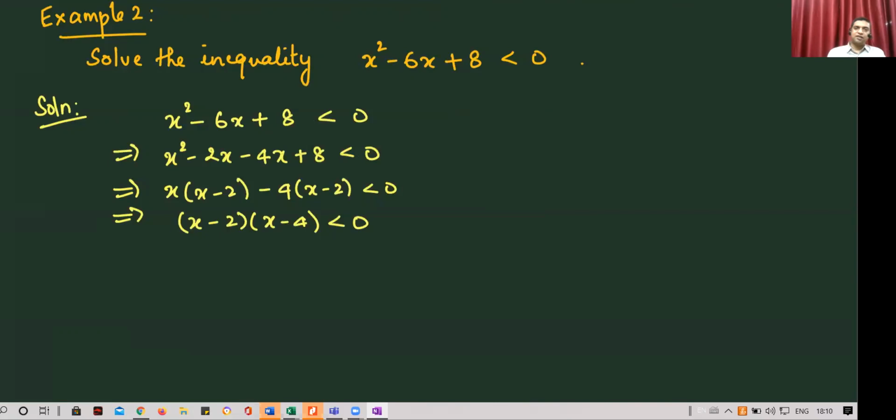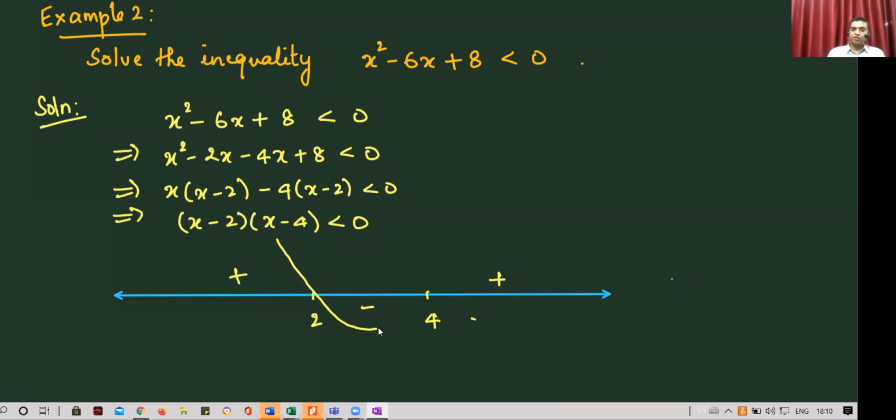Okay, now the same thing by this wavy curve expression. What are the roots? x equal to 2 and x equal to 4. Now coefficients of x are positive. Go to the extreme right, plus, alternate minus, plus.